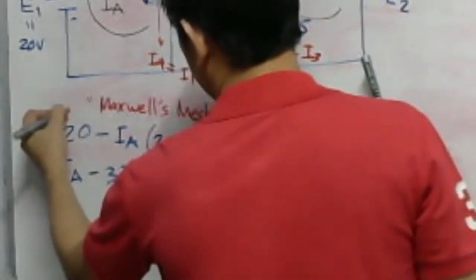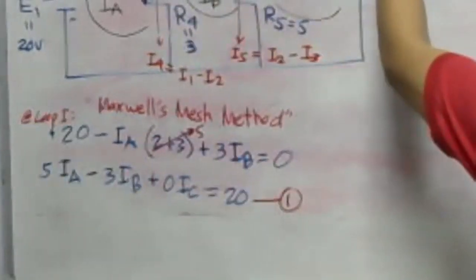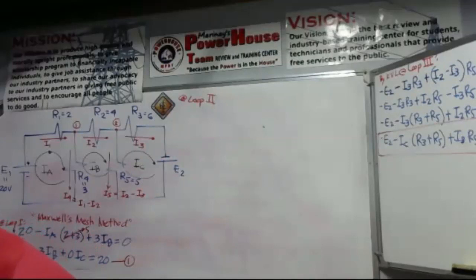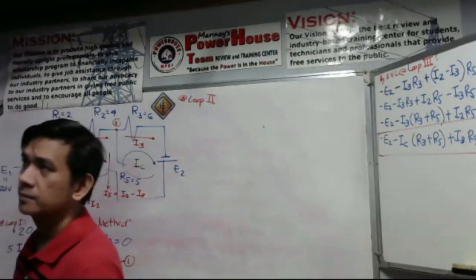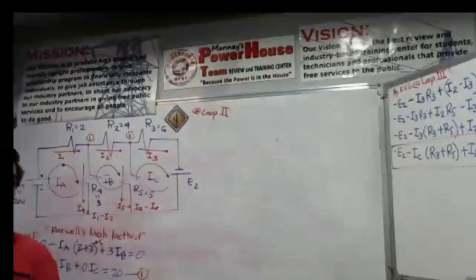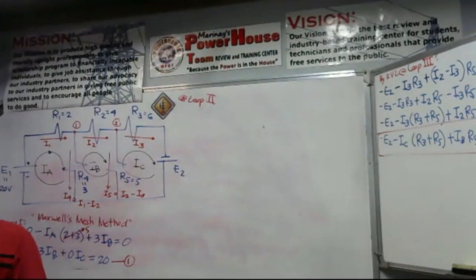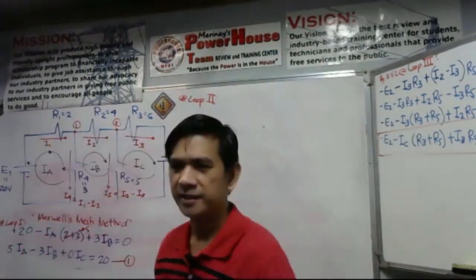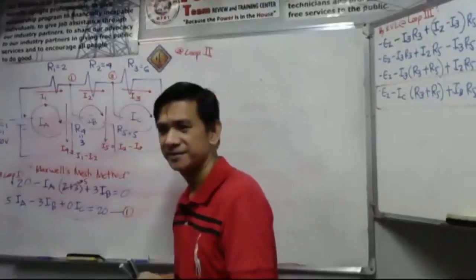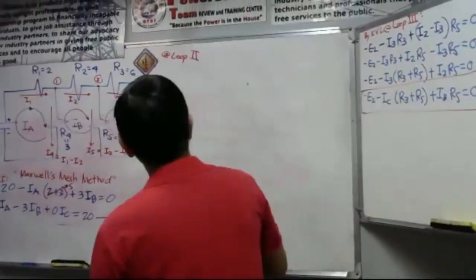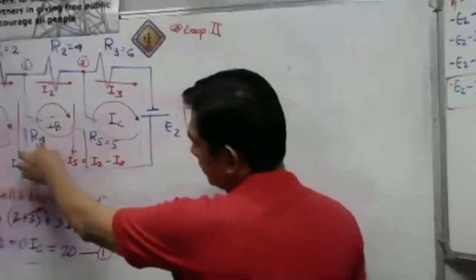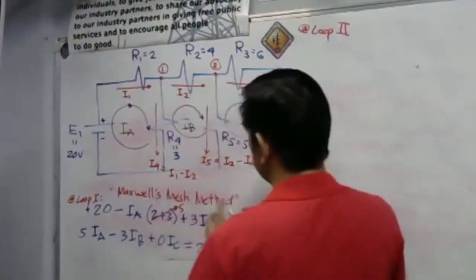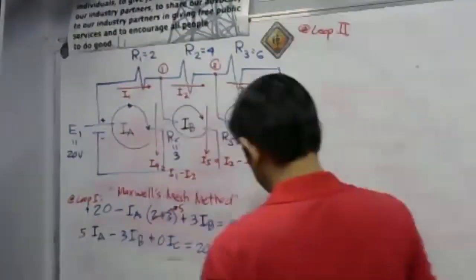What about at loop 2? Take a look here at loop number 2. There is no voltage source here.